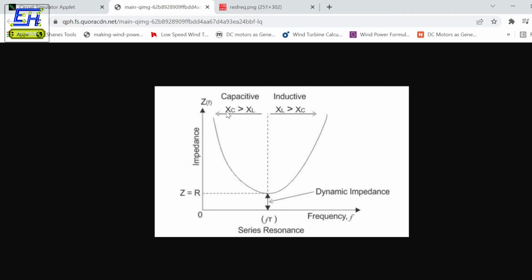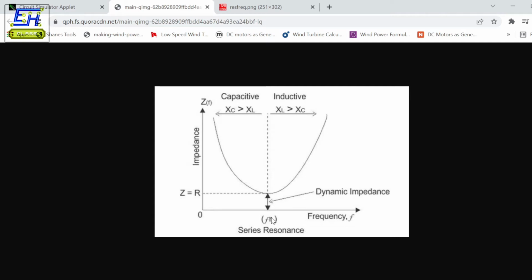Whereas if our inductive reactance is greater than the capacitive reactance, we'll get a curve more like the inductive reactance curve.